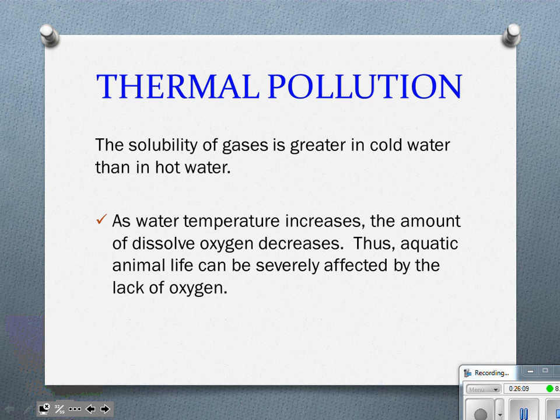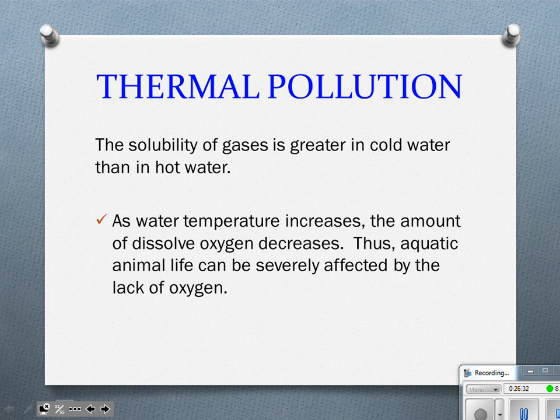Thermal pollution. The solubility of gases is greater in cold water than in hot water. I just told you that gases, as we increase the heat, become less soluble.